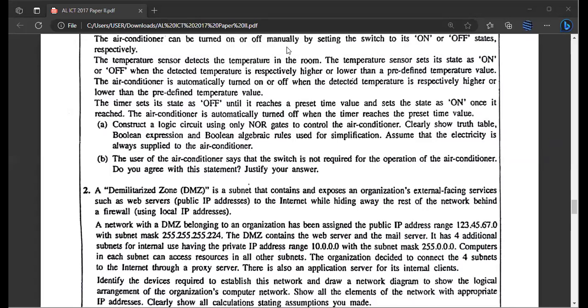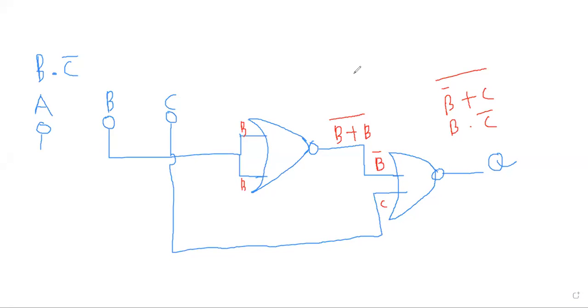So what do you think? Yes, because the input that represents the switch, that is A, is not in the Boolean expression. It's not in the Boolean expression, and also it is not in the circuit or the solution.